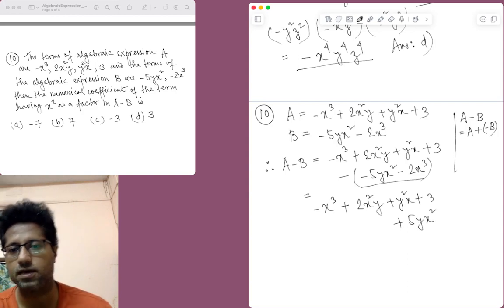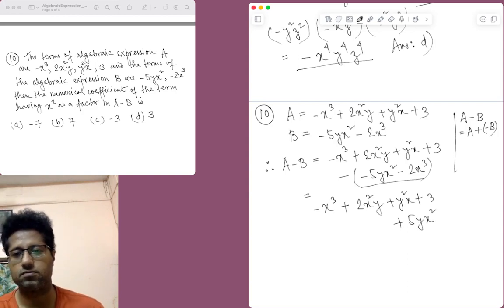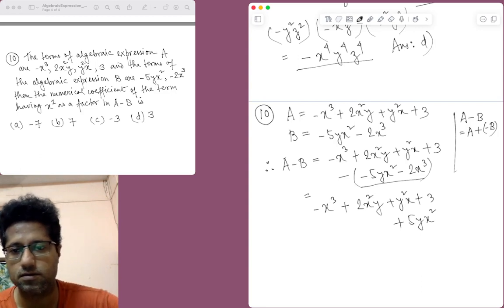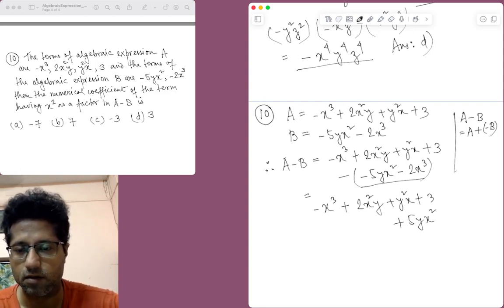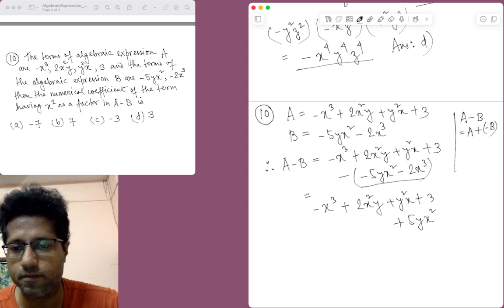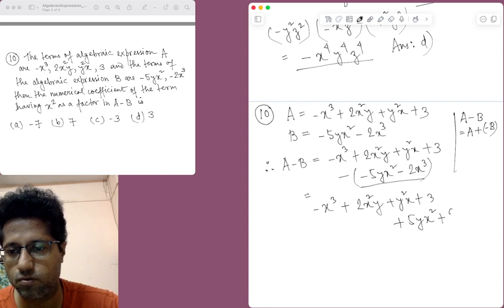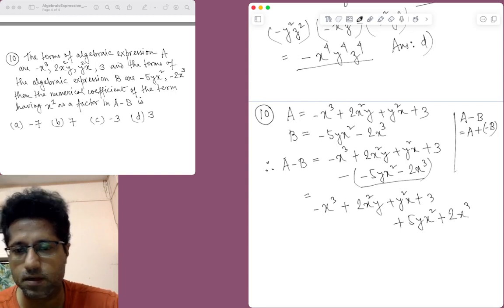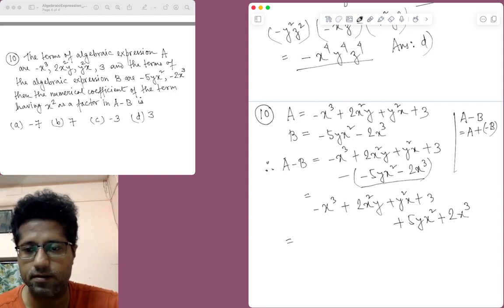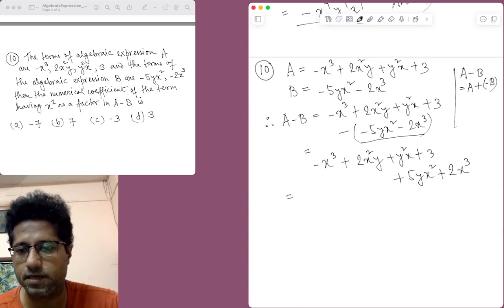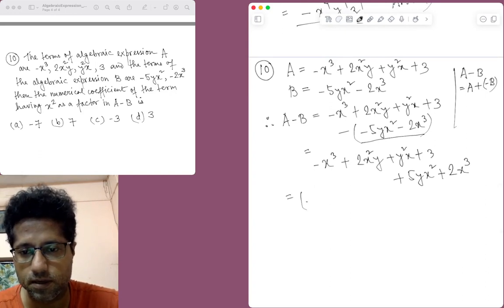If you change the sign of the 5x square y term, right now it is negative, so it will become positive, and the negative term minus 2x cube will also be positive, so 2x cube. Now if we combine the like terms having the literal coefficient x cube, it becomes minus 1 plus 2, x cube.